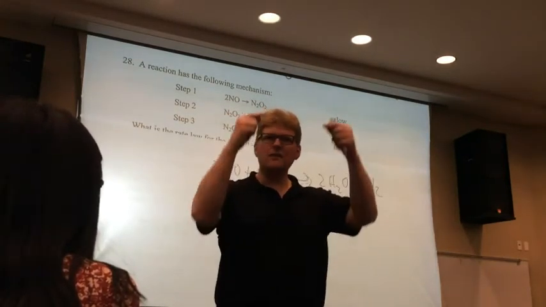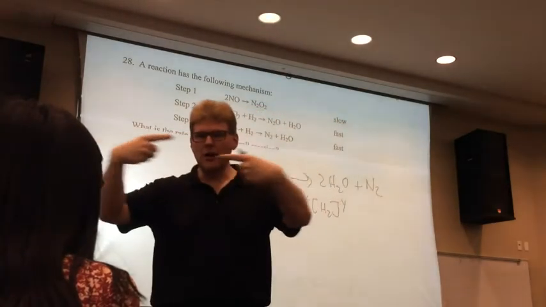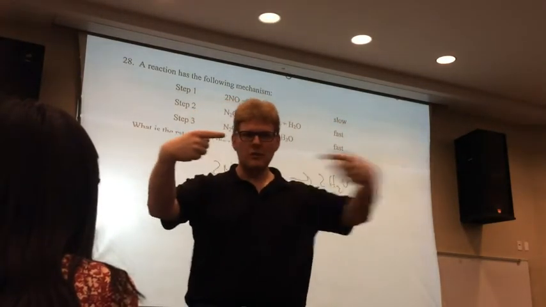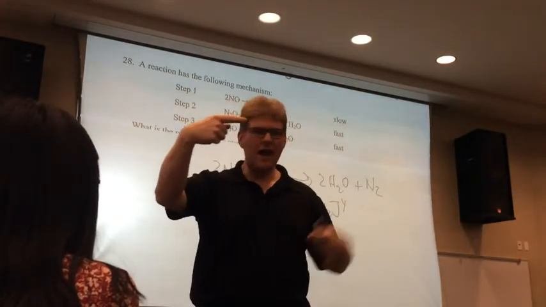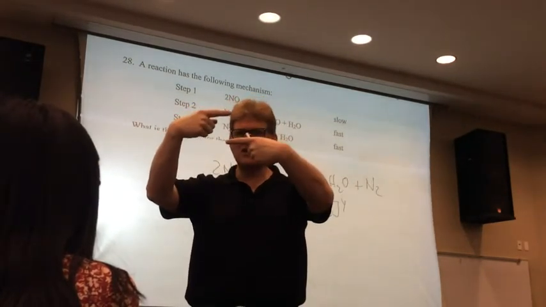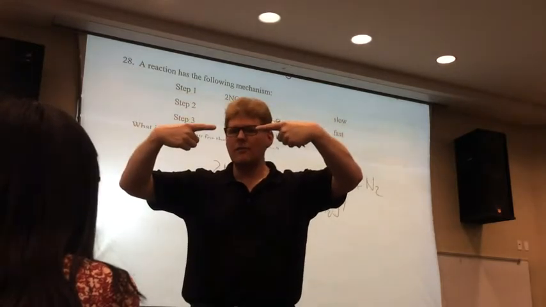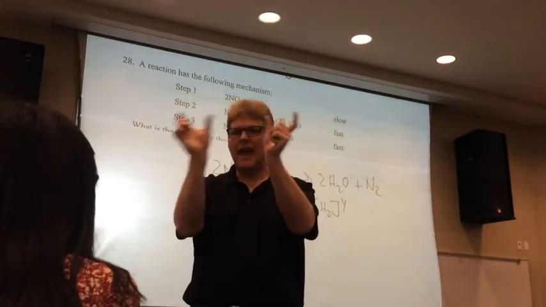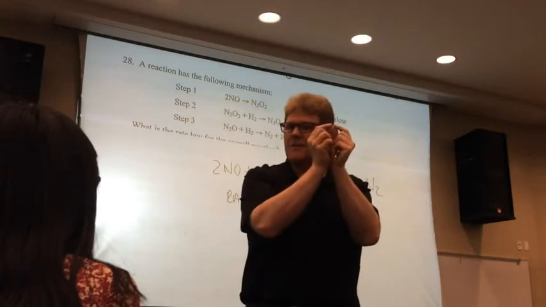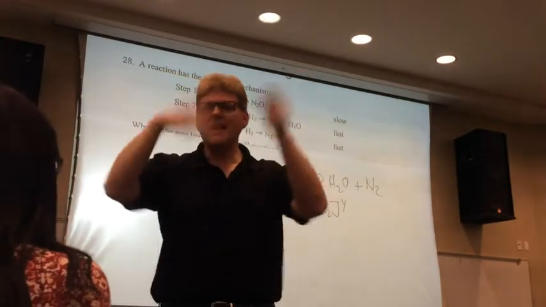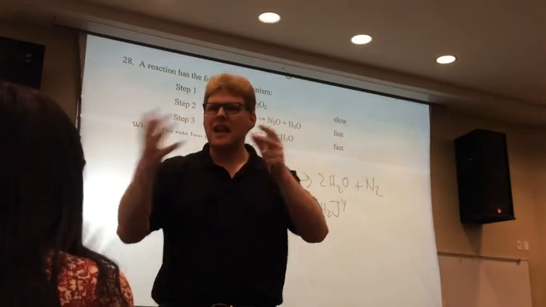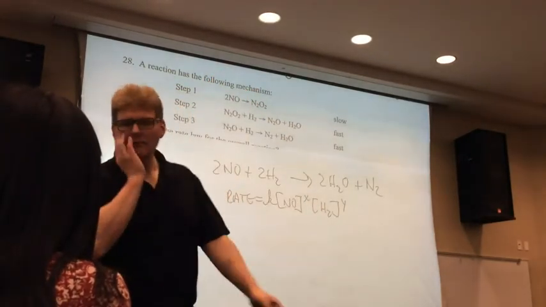So then you have to take the first step, it's usually an equilibrium, so the forward reaction and the reverse reaction have the same rate. You write the rate law for the first forward reaction and a rate law for the reverse reaction, and you set those two rates equal. Then you solve that equation for the intermediate, and plug that into the equation for the second one. Then you combine constants, and you'll usually get the overall rate law.